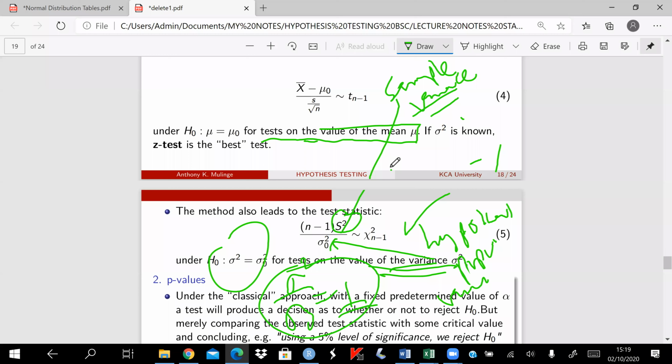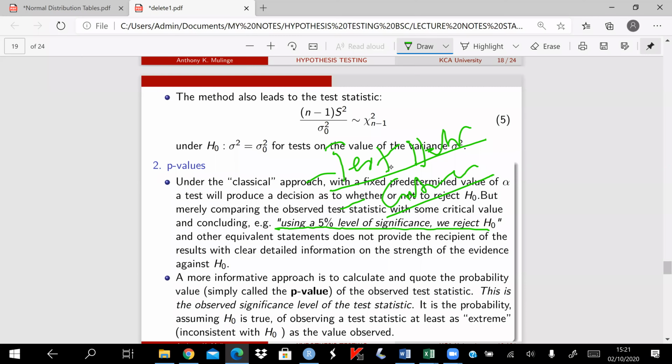Once you calculate the test statistic, you compare with the critical value, and you say either you reject the null hypothesis at 5% level of significance, or you fail to reject the null hypothesis at the 5% level of significance. Or you can say, I reject the null hypothesis at, let's say, 1% level of significance.